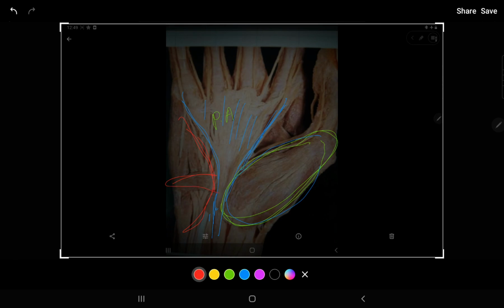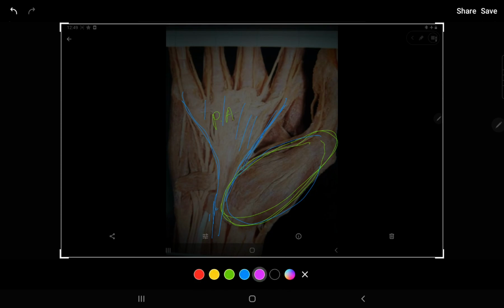And this is your palmaris brevis muscle. I'll discuss the hypothenar eminence later. So this is your palmar aponeurosis, and these are your thenar muscles. So we can see only the two superficial thenar muscles here.